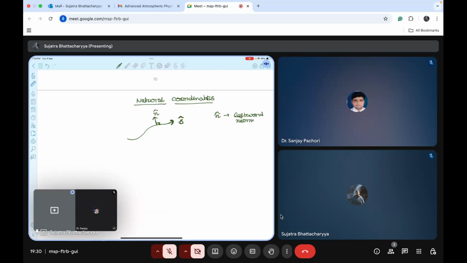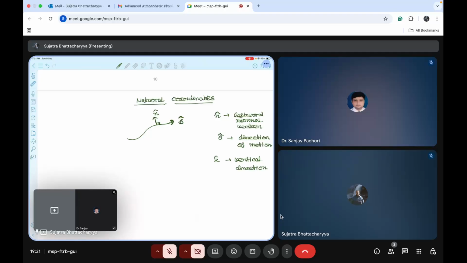This is a convention. People can take the right one, but generally leftward is taken as a convention. And s hat is the unit vector in the direction of winds or motion. And k hat is always the vertical direction. There is no change in the vertical direction.